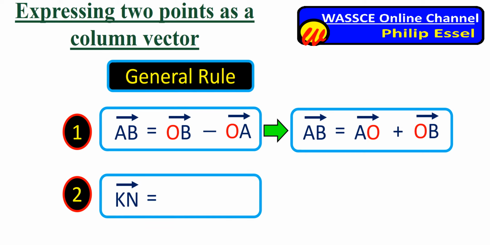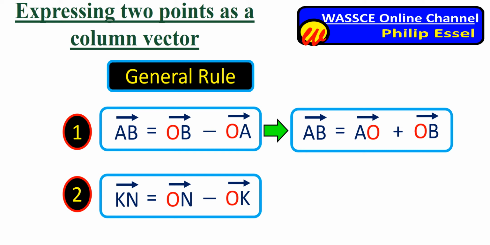Again, using this general rule, the vector KN will be equal to the position vector ON, which is the position vector of the point N where we are going to, minus the position vector OK, which is the position vector of the point K where we are coming from.